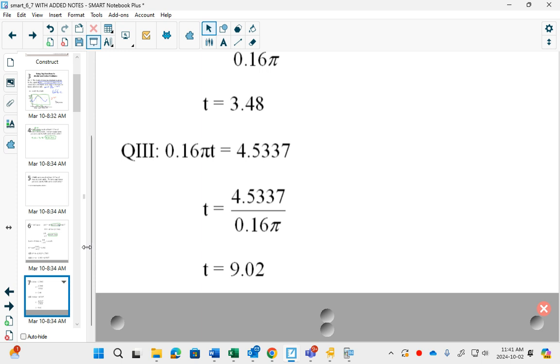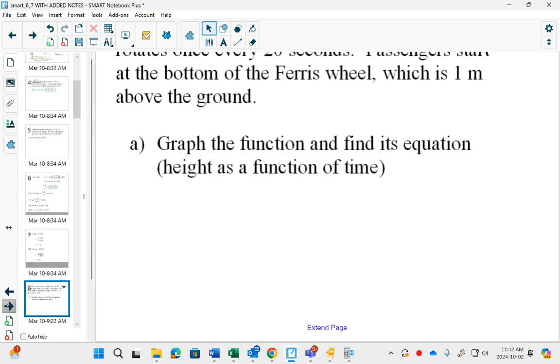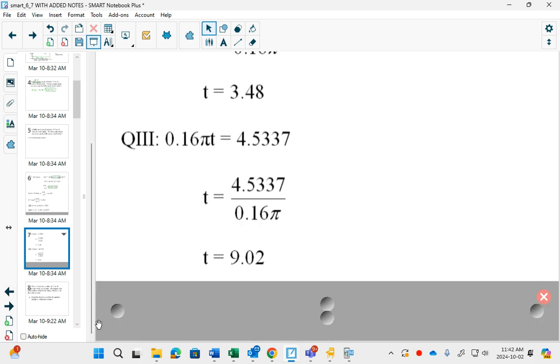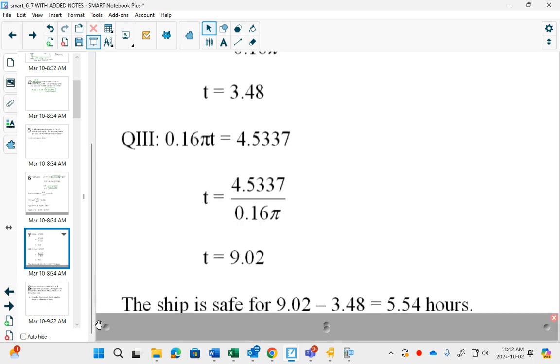So I wanted to show it to you so that you could see it, so that it's going to be expected that you could do this kind of algebra in university or in the AP class. But we get the same answer in the end of 5.54 hours.